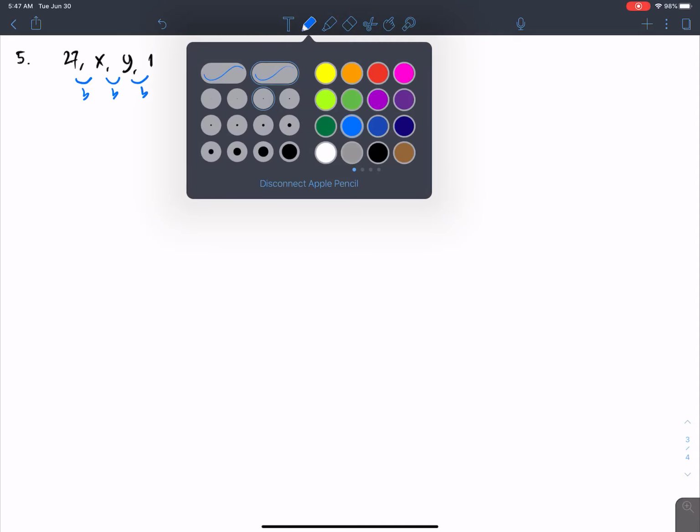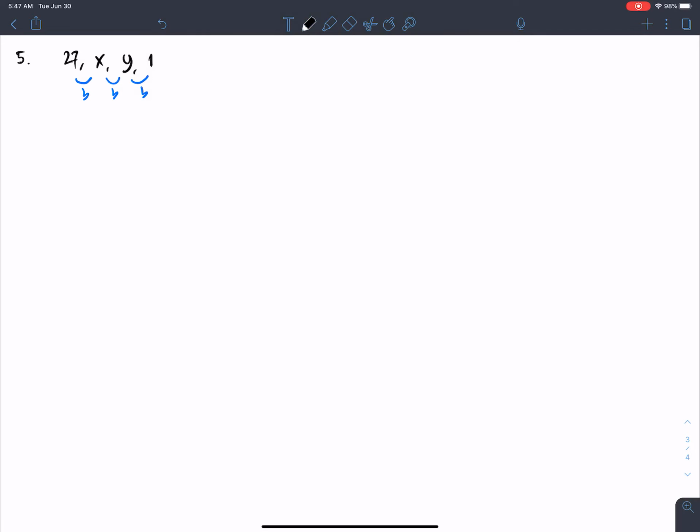For an arithmetic sequence, when we have the sequence u1, u2, u3, u4, and so on until un, the formula for un is u1 plus (n minus 1) times b.